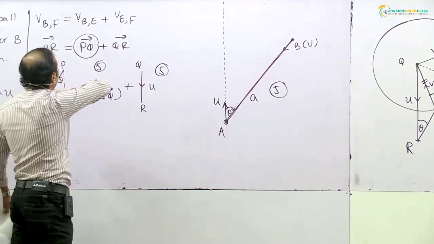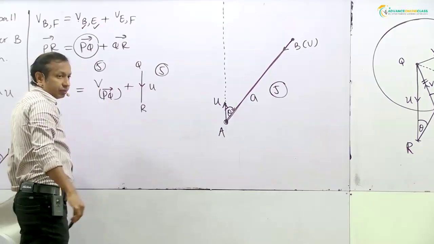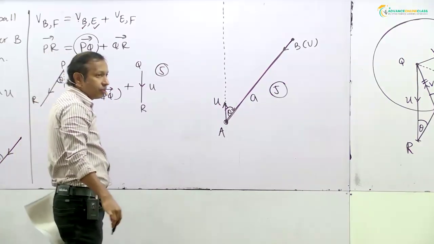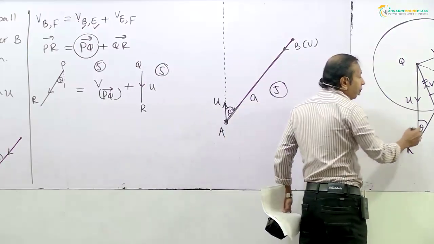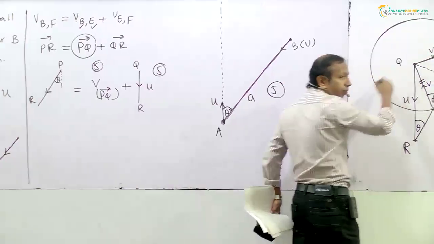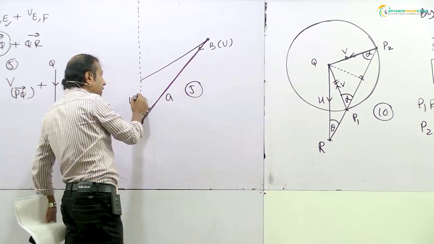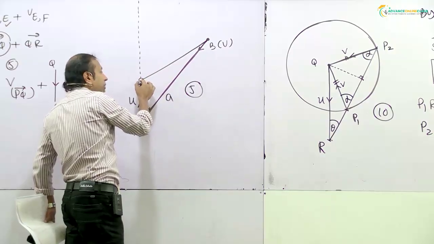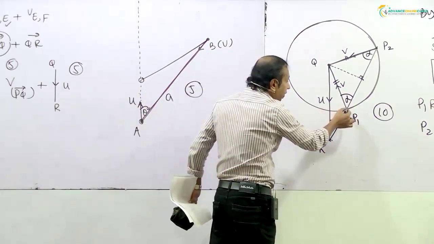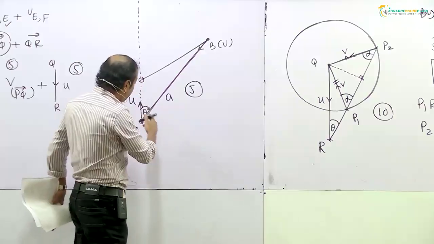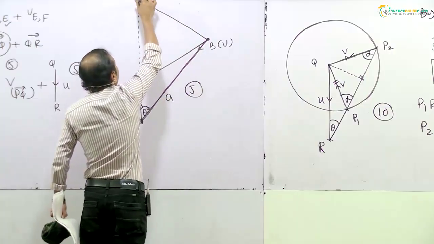Velocity of player B relative to Earth. That means while the ball is moving this way, player B can move in one direction like this. Then while the ball is coming along this line, player B moving along this line meets the ball here. This other direction says while the ball is moving this way, the player moves along the P1Q direction like this and meets the ball here.